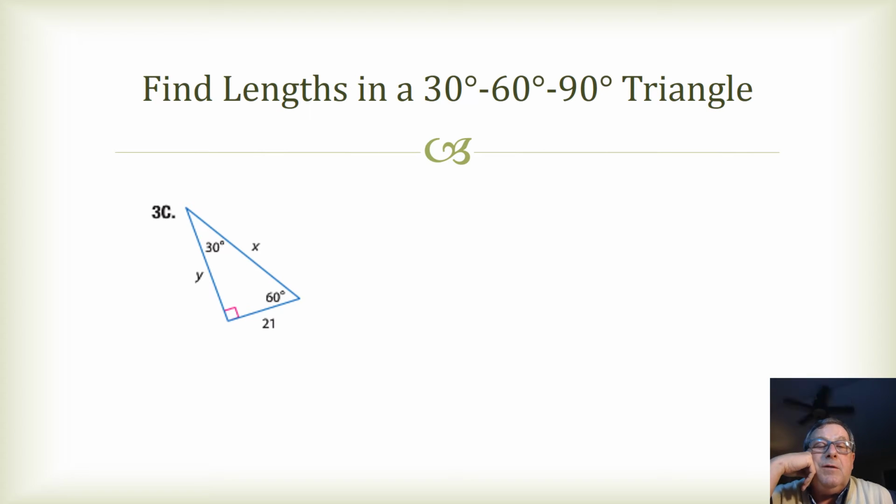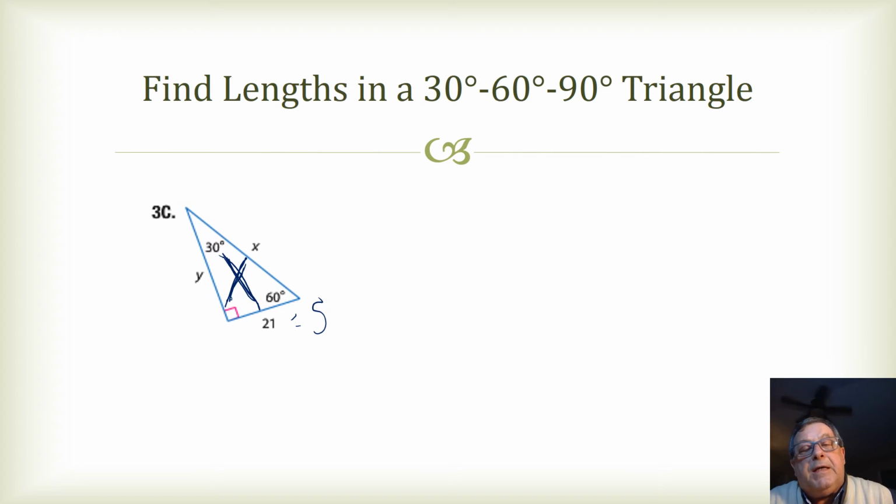All right, let's see what we know this time. Well, let's identify the hypotenuse, which is across from the right angle. Across from the 30 degree angle we see a measurement of 21, and this is the shorter leg, equal to s.